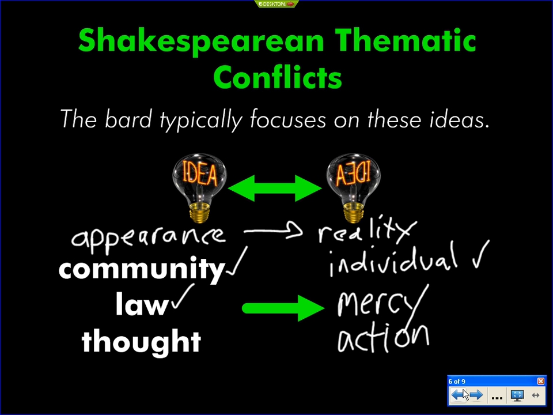Like, for example, in The Tempest, would it be like revenge and forgiveness? In The Tempest, yes. Very good. That's an excellent example. And who do you see teetering on the brink who might be a problem with the revenge idea? Prospero. Somebody who has now received a healthy amount of power and the ability to carry out revenge. And revenge might be conflicted there with forgiveness, like you say.